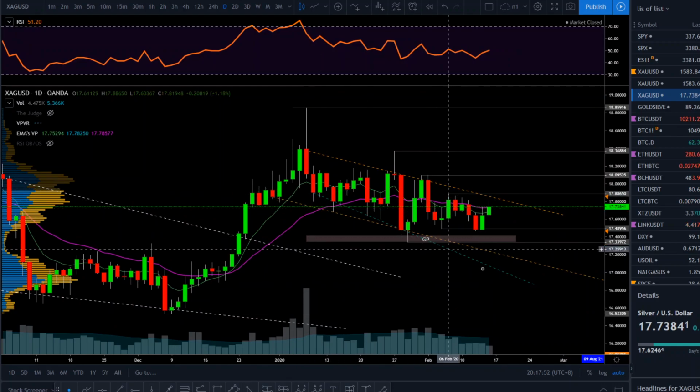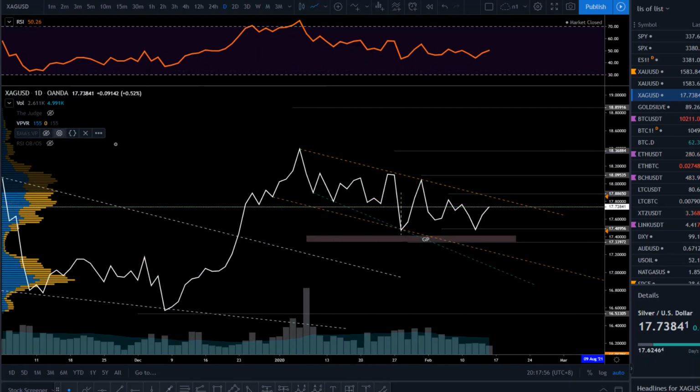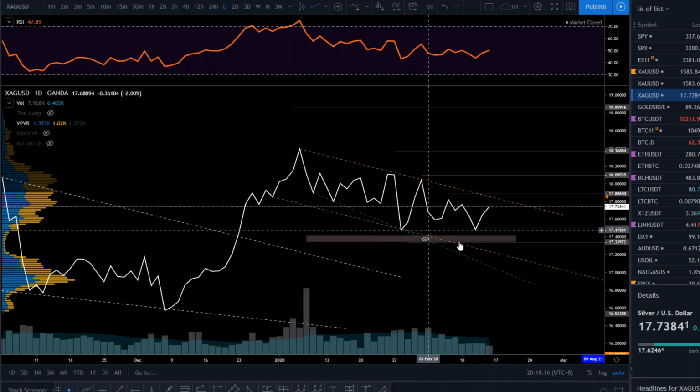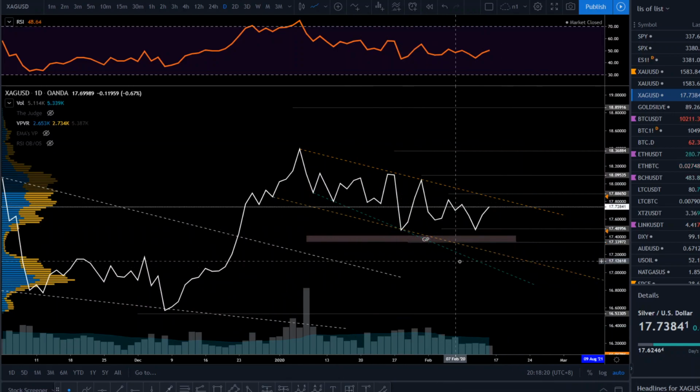And then you got a couple of interesting structures here inside. You can see there's this trend line that I have now. I have this other trend line which is forming like a channel sort of thing, but then there's also this greenish trend line, and that's basically forming a megaphone type of structure.